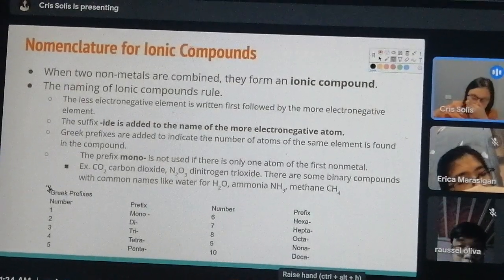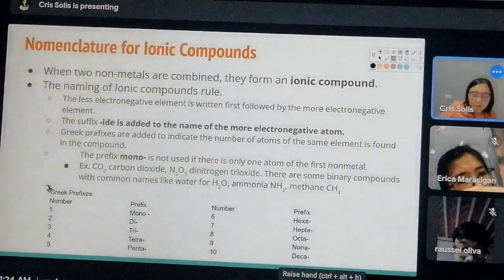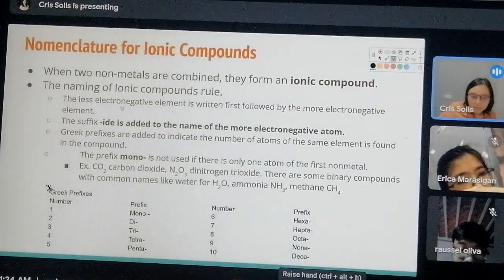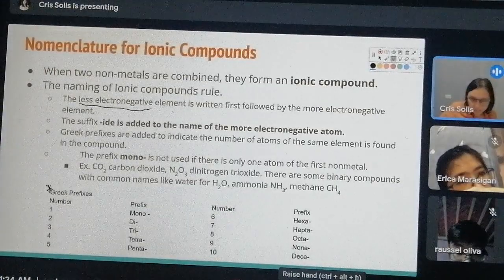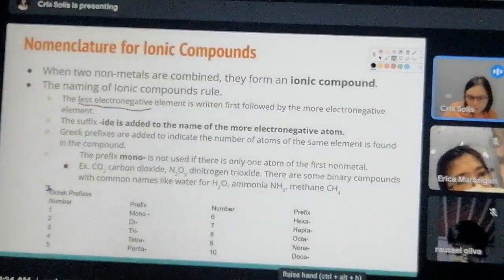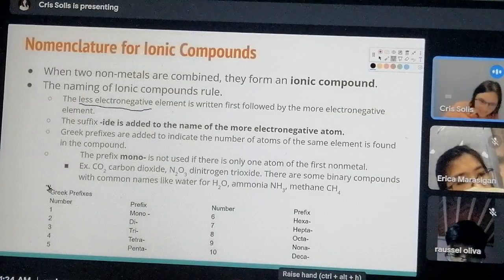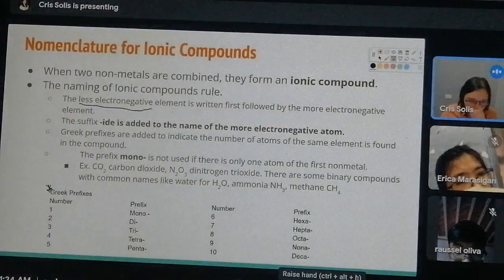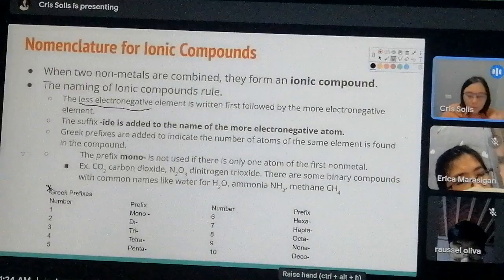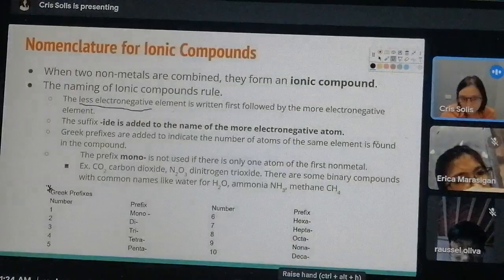Those are the non-metals. And what you have to remember is that you're going to write down the less electronegative element first, followed by the more electronegative element.